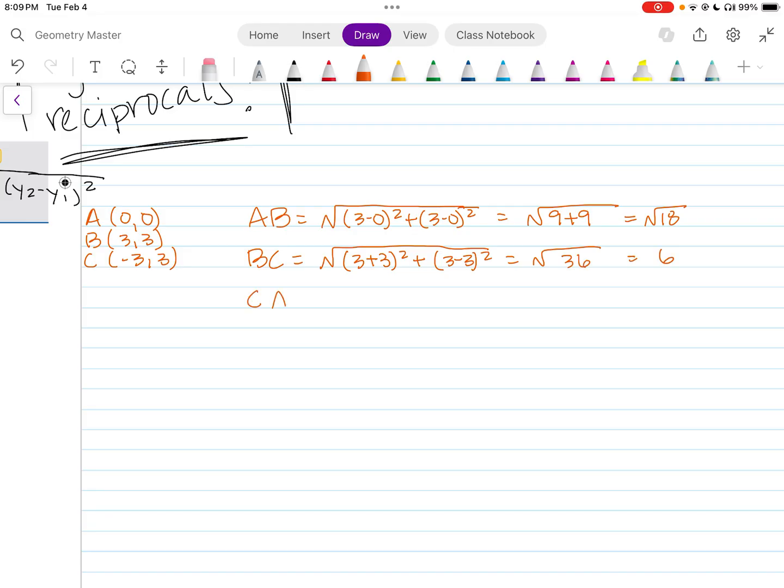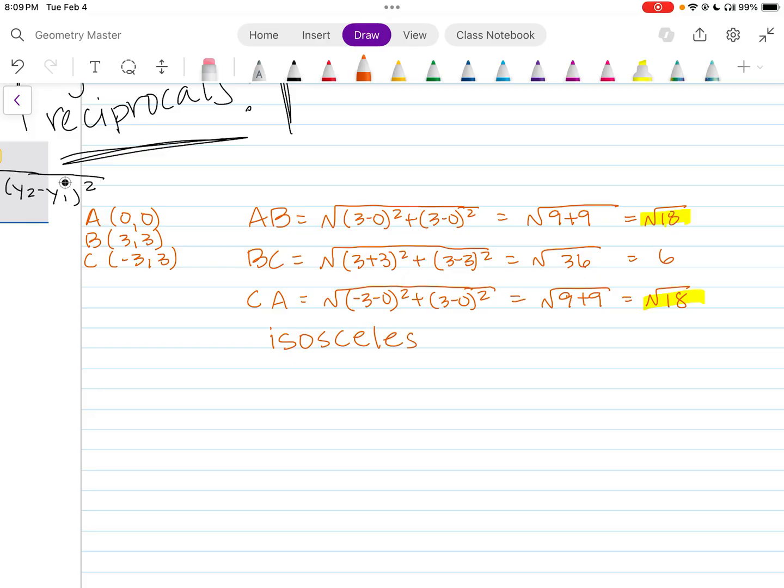And then the distance of CA is going to be -3 minus 0 squared plus 3 minus 0 squared, which, just like AB, gives us 9 plus 9, which is the square root of 18. Because two of these are the same length, that makes it an isosceles triangle.